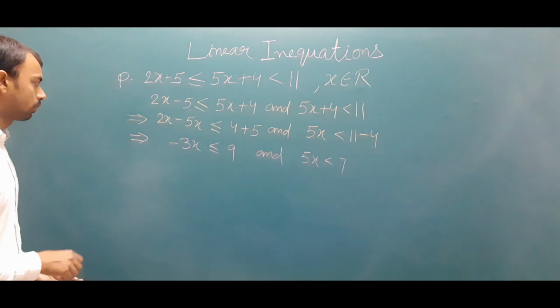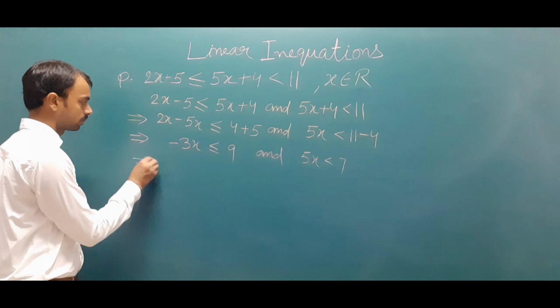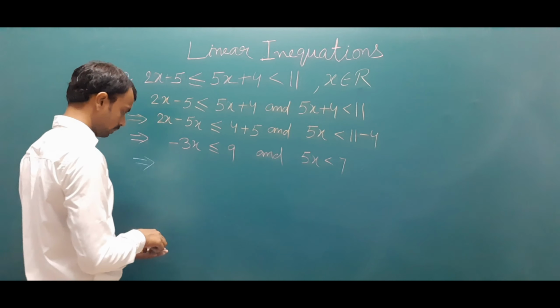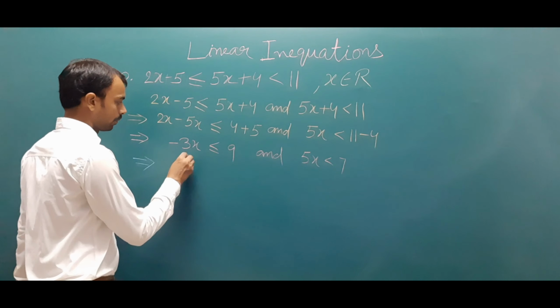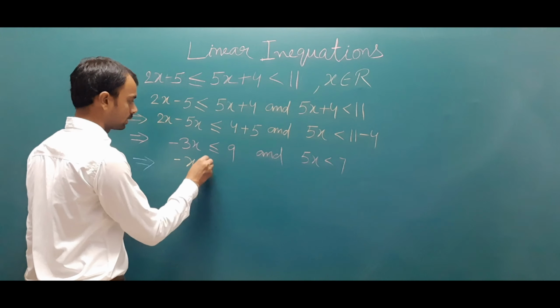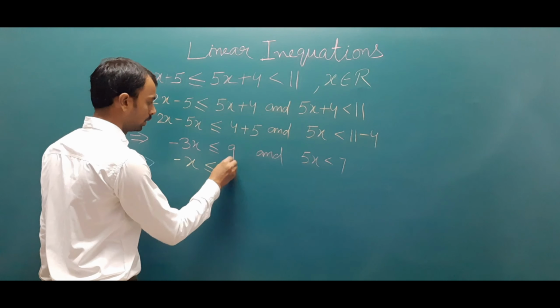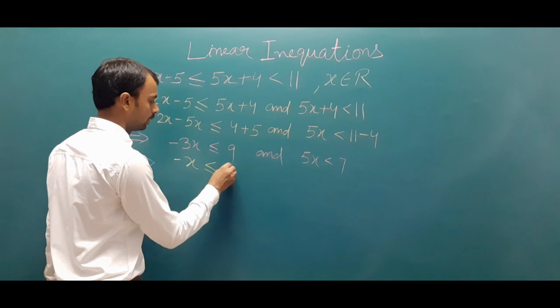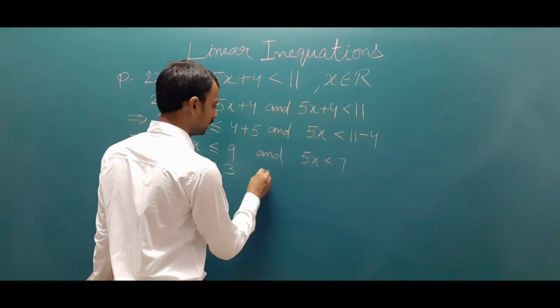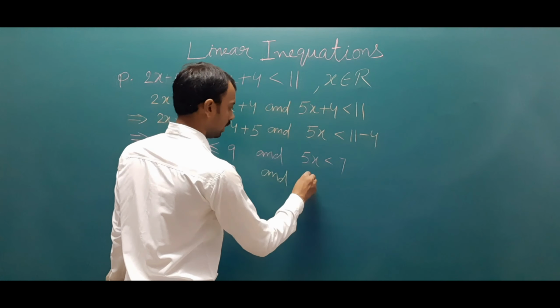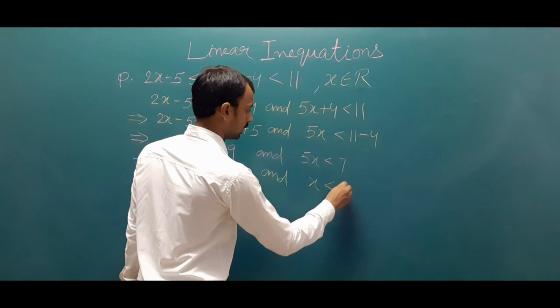Okay, so the value of x will be what: minus x will be less than or equal to 9 divided by 3, which gives us 3, and x will be less than 7 upon 5.